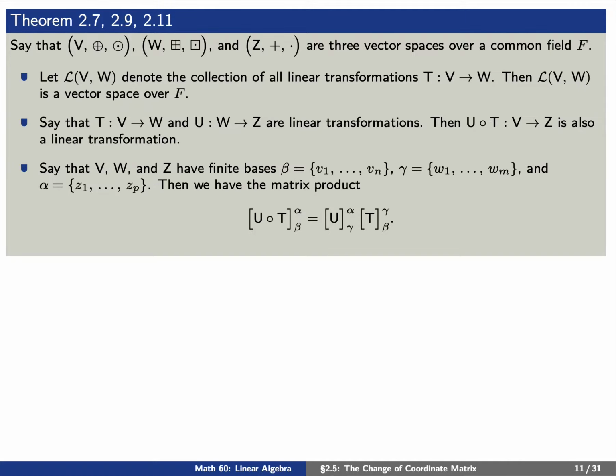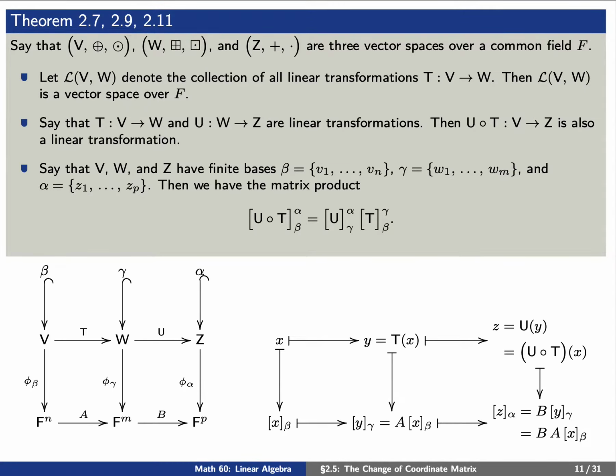Finally, if we have bases beta for V, gamma for W, and alpha for Z, then we can consider the matrix representation of the composition U circle T, which we can express in terms of the product of the matrices, the one for U and the one for T.